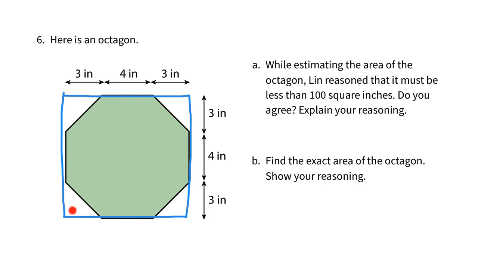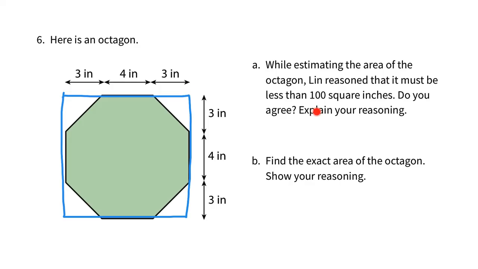So the square itself would have an area of 100 square inches. But this octagon has its little corners subtracted off, doesn't it? So we know that those little corners are taking away from the 100. So Lynn's right. It's got to be less than 100 square inches.